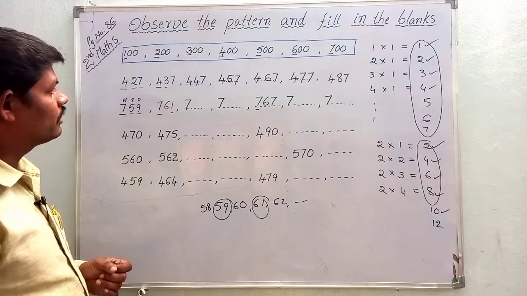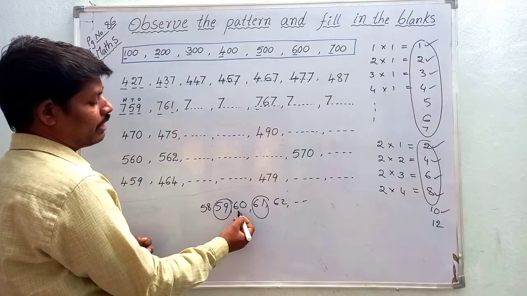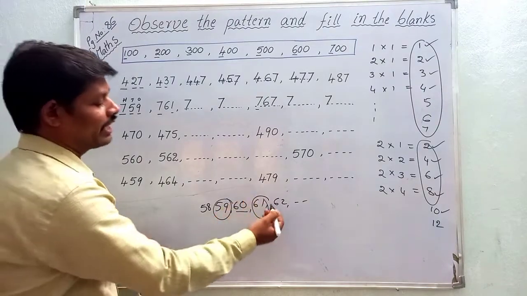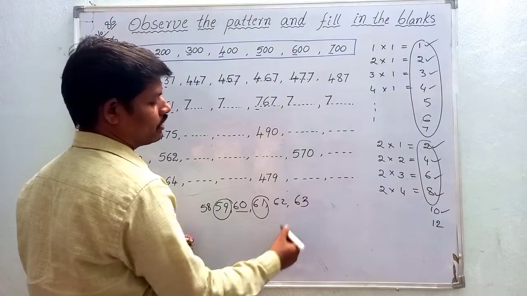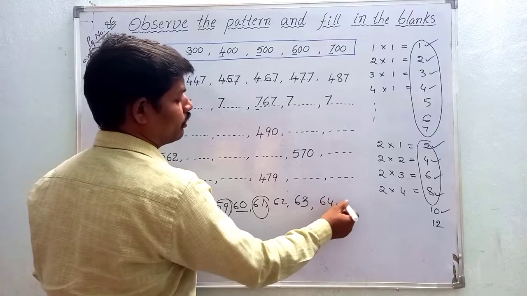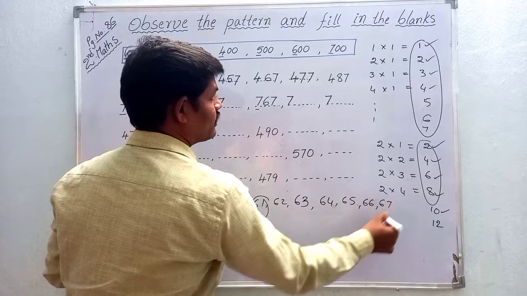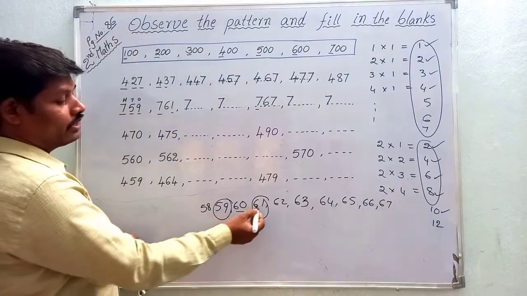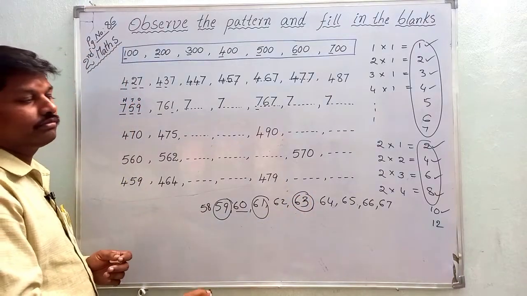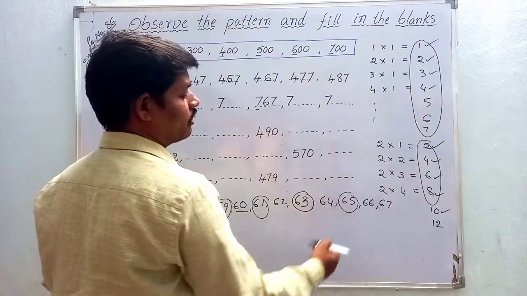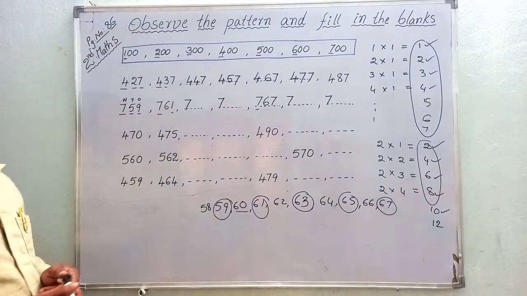Then what is the difference? That means one number we are leaving and we are writing the next number. So here 62, then 63, 64, 65, like that you can write and check it. 59, 61, if you leave one number then you will get 63, 65, then 67, like that.